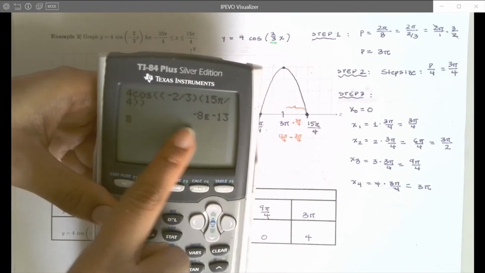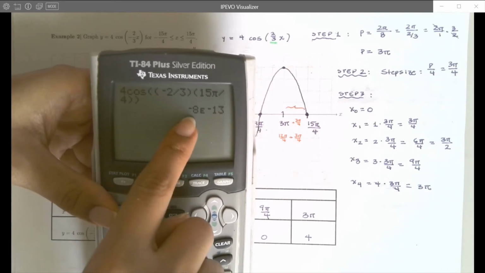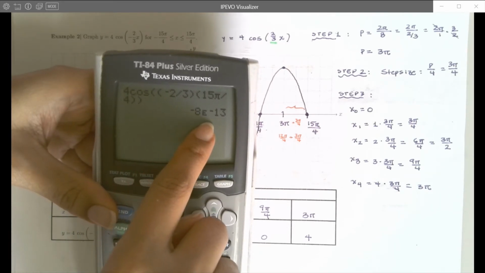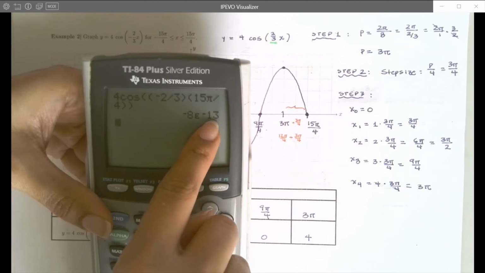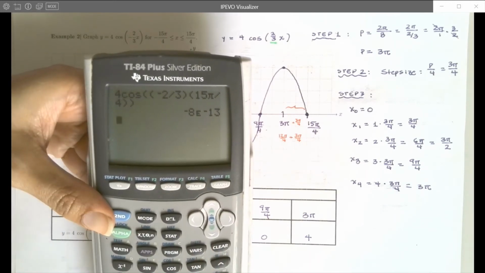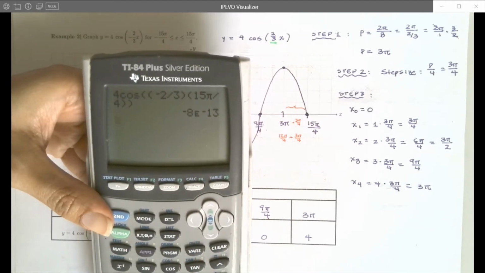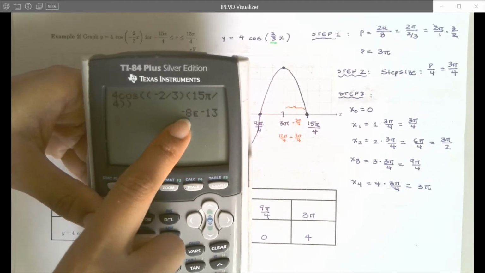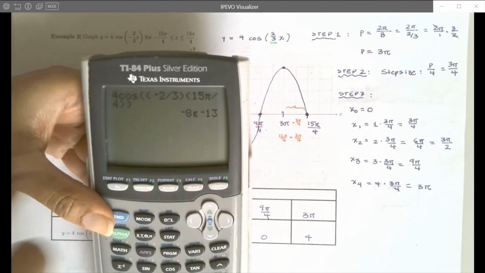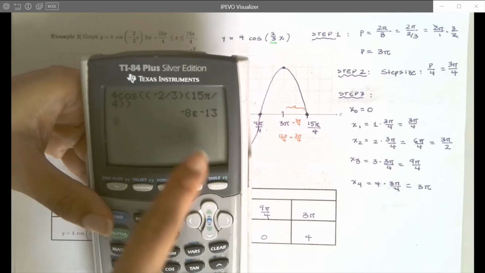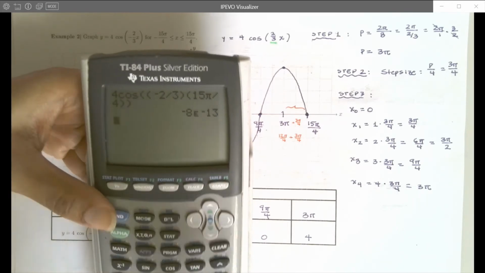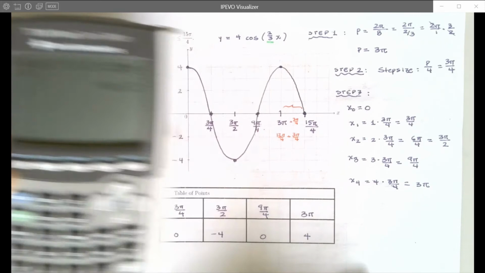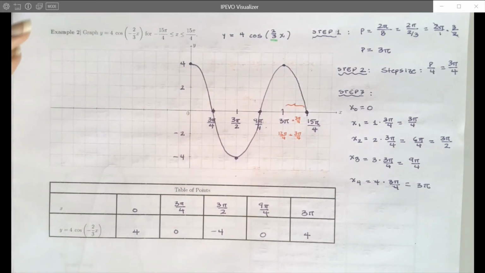Now this is giving me a funky answer. This is saying -8 times 10 to the -13. That's because calculators always represent numbers to the nearest decimal place. So this is actually a very, very small number, very close to 0. So it's probably best that we verify by hand because the calculator is not being too helpful at this point.